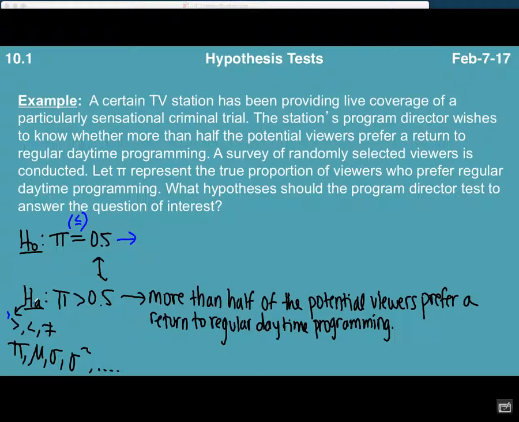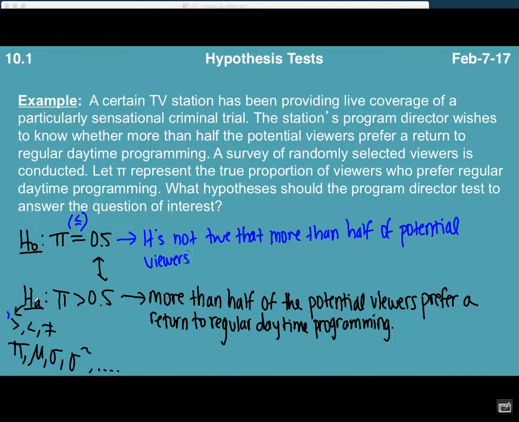Or not really the opposite, as not the alternative. So if the alternative is that more than half prefer a return, the null is that it's not true that more than half of potential viewers prefer a return to regular daytime programming.